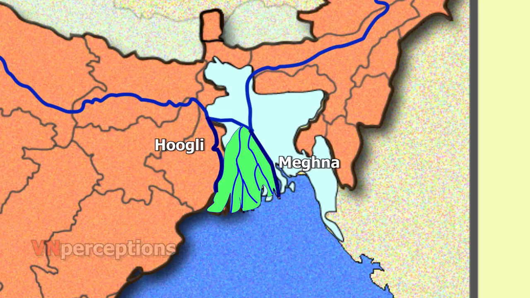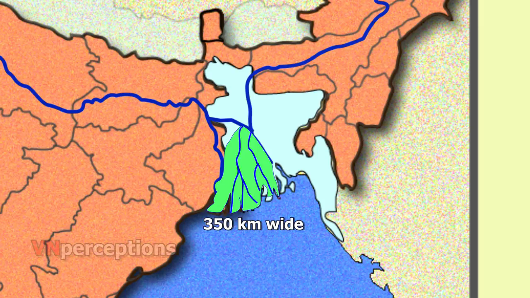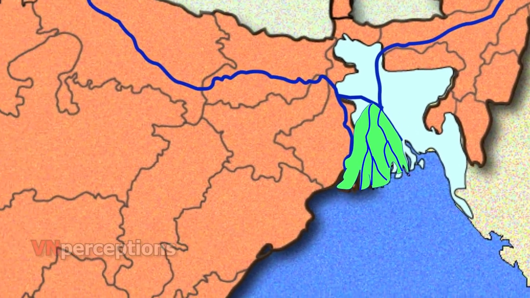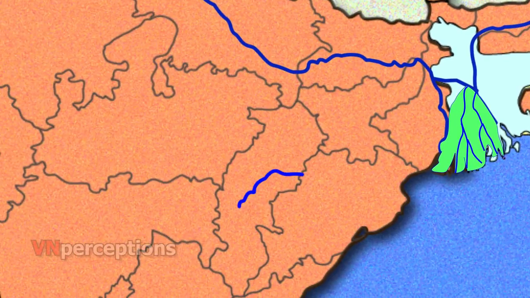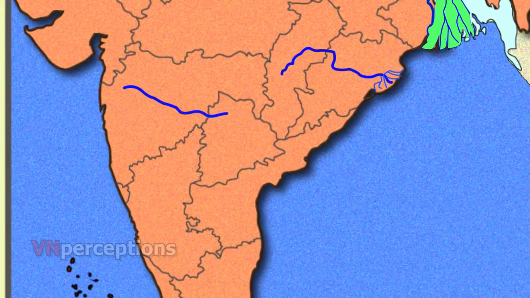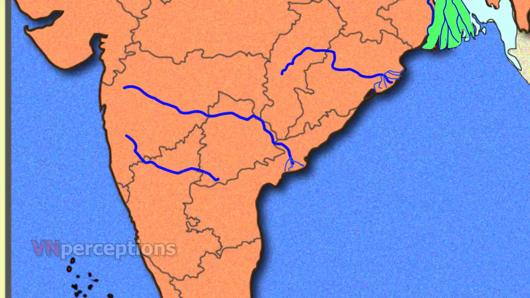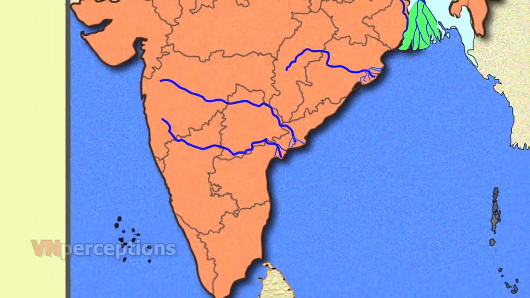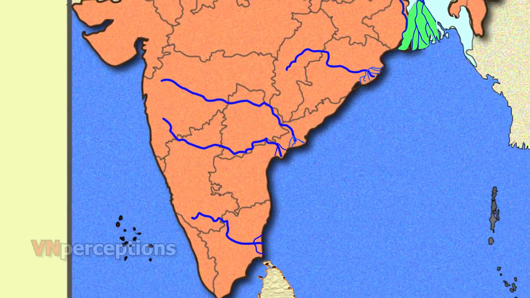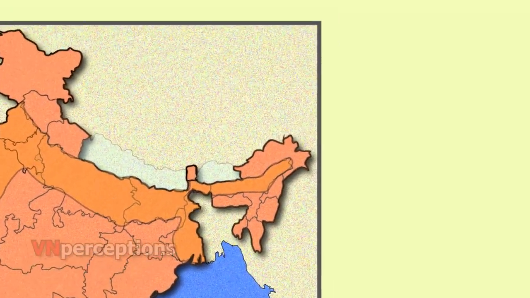It is approximately 350 kilometers wide at the Bay of Bengal. Deltas are also formed by rivers such as Mahanadi, Godavari, Krishna, and Kaveri.